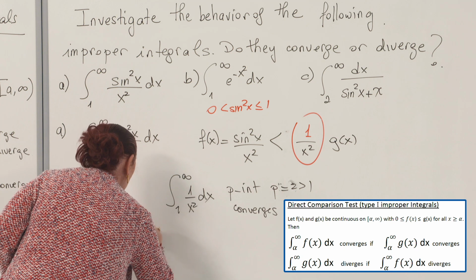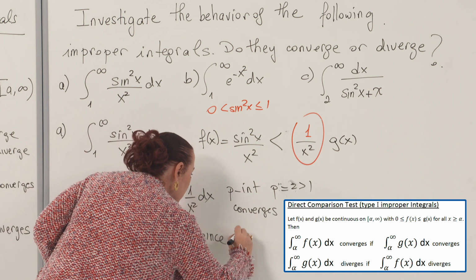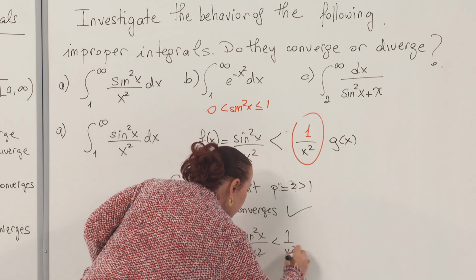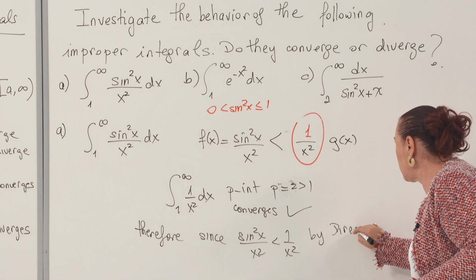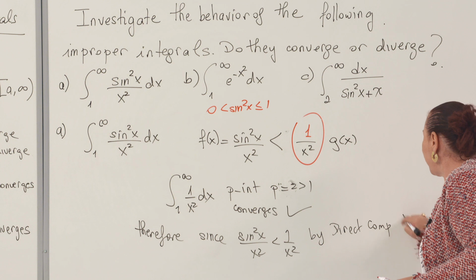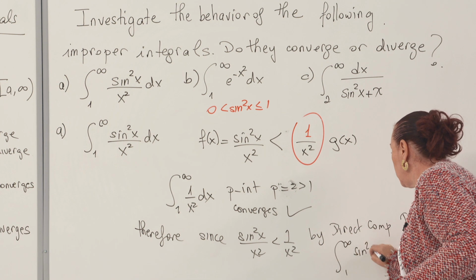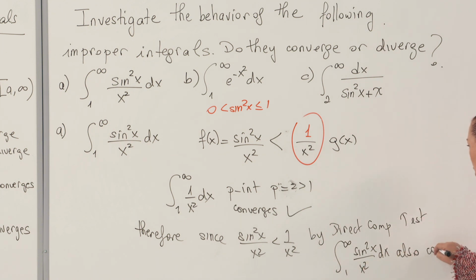So, therefore, since sine squared x over x squared is less than 1 over x squared, by direct comparison test, this improper integral also converges.